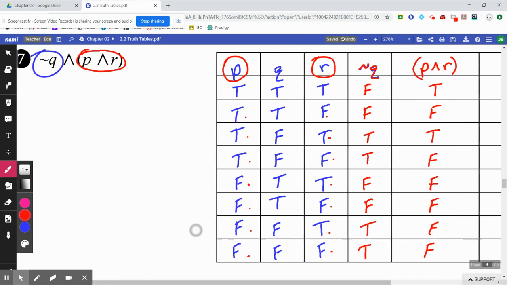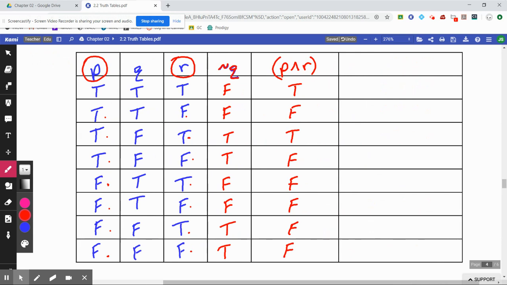Then our final answer was not Q and P and R. Okay, let's circle where that's located. Not Q is right here.